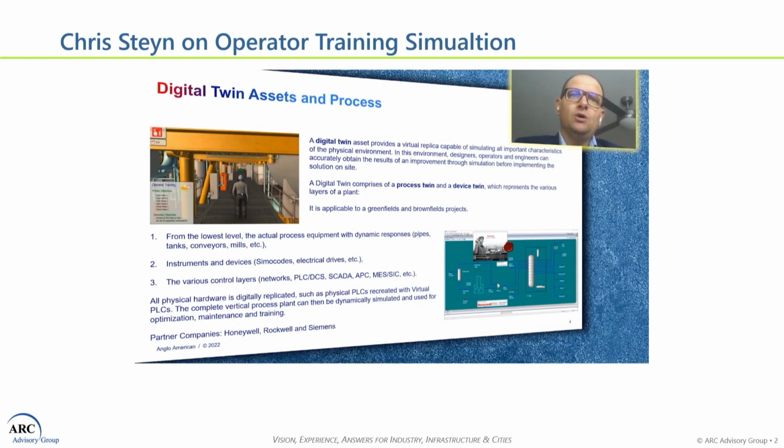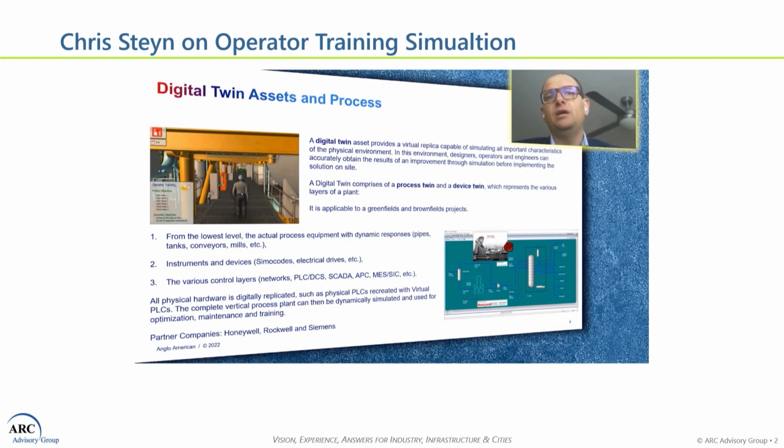So our digital twin is defined from the lowest level, the actual equipment, the dynamic responses, the pipes, the tanks, the conveyors, the flow rates, the densities. On top of that, we have the instruments and devices, like the SIMOCODEs, that drive the instrumentation, the actual things in the field.